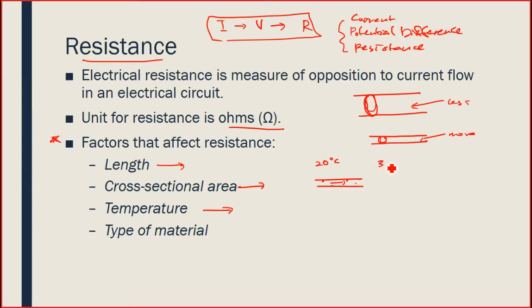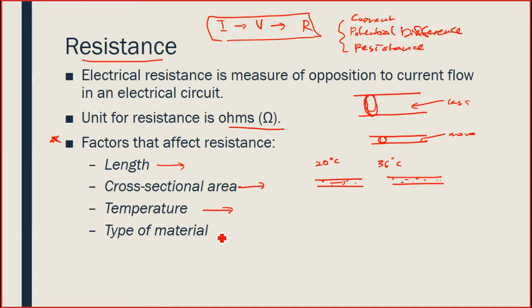But if we have something like 36 degrees Celsius, the electrons are going to move much faster because they have more heat energy. So this one is going to have less resistance. This one is going to have more resistance.